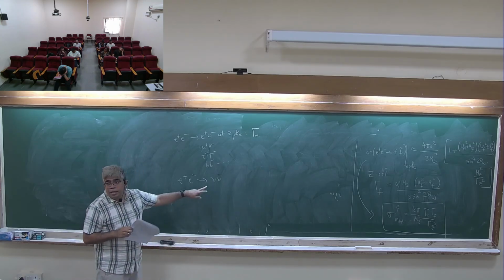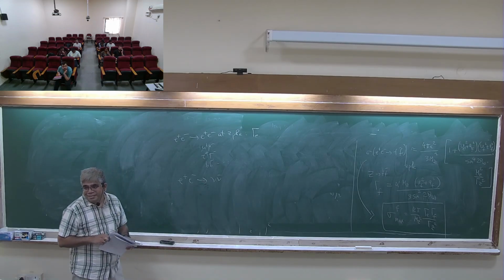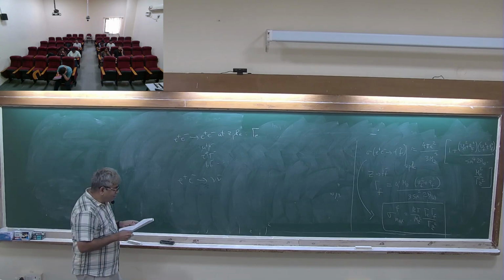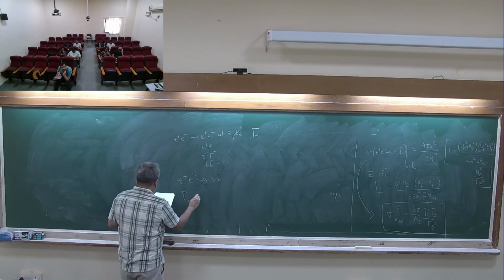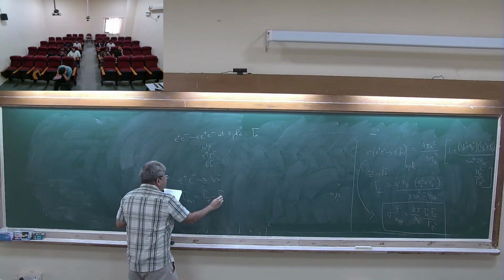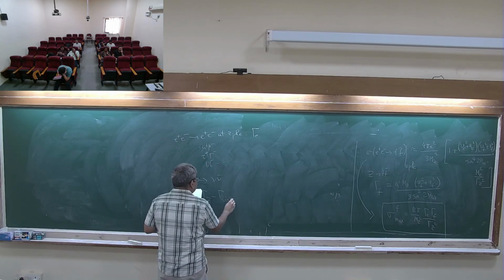Does it have a photon contribution? It won't have a photon contribution. So this is called Γinvisible, which is equal to Γz minus Γvisible.